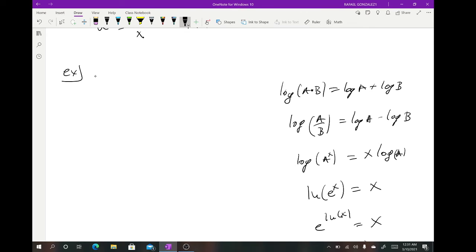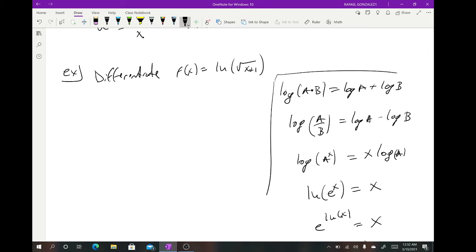Okay, so I'm mentioning that because it's going to be useful for us. Let's say somebody comes up to you on the train and tells you, hey, differentiate the following: f of x equals ln of the square root of x plus 1. If somebody asks you to do this, then it's important to know all of these rules of the logarithmic function.